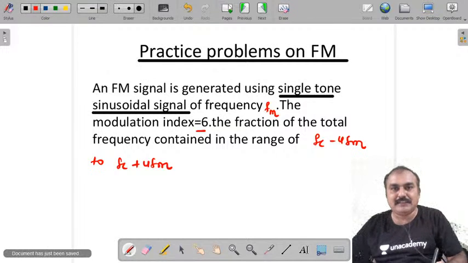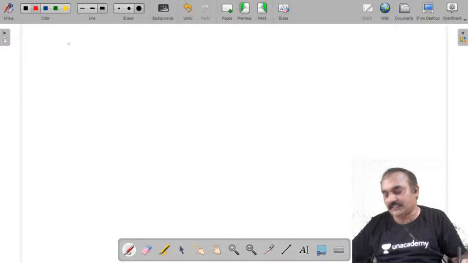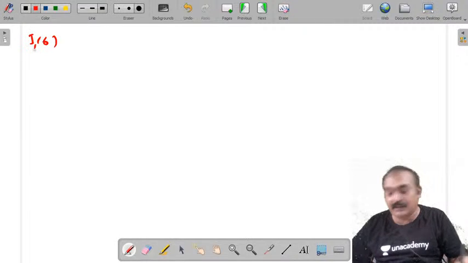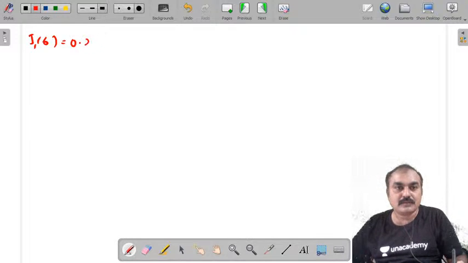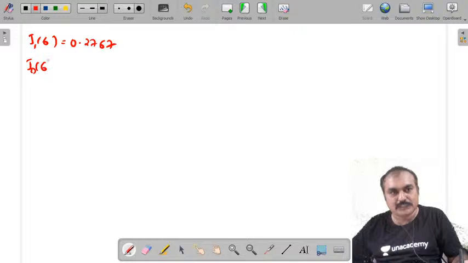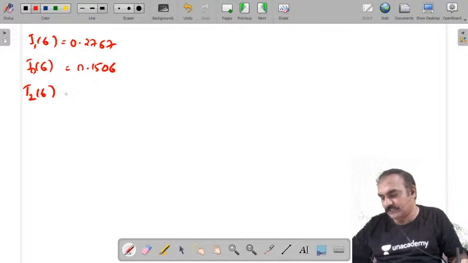Okay, and he has given the values also like this. J1 of 6 equal to 0.2767. J0 of 6 equal to 0.1506. Next, J2 of 6 is equal to 0.2429.